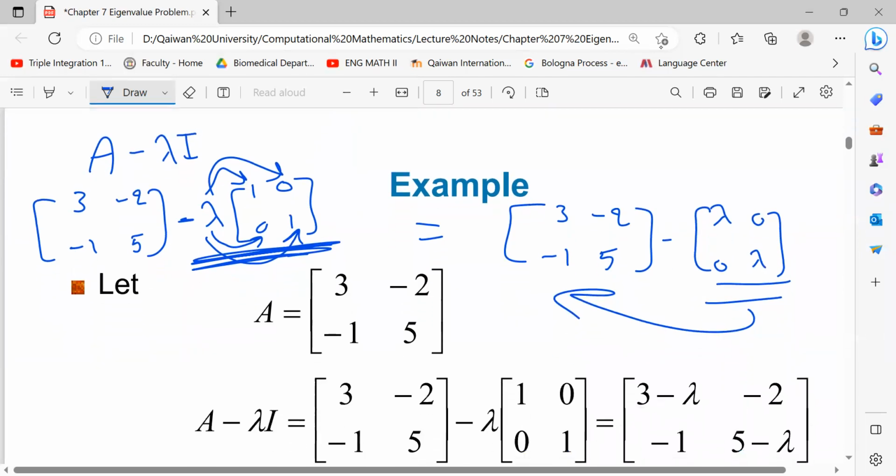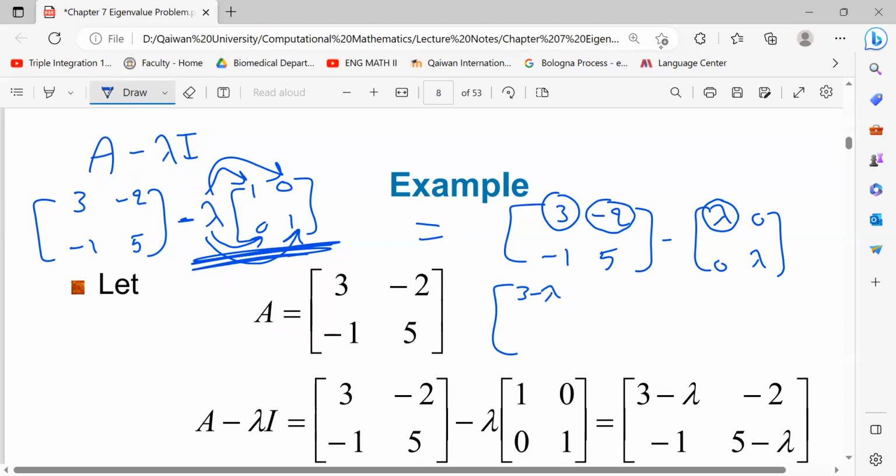Okay, let's do it. 3 minus lambda, and then minus 2 minus 0, which is still minus 2. Negative 1 minus 0 is negative 1. 5 minus lambda.